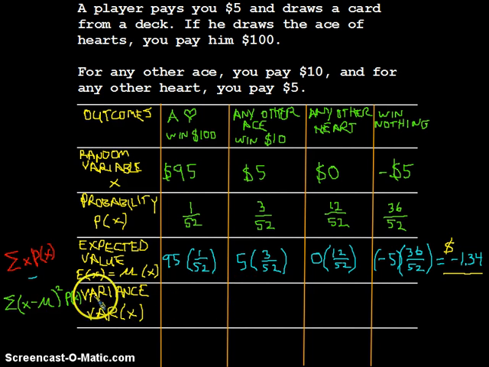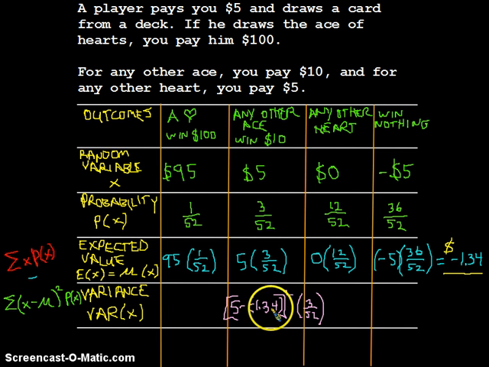So to find this one term, let's go ahead and put it together. So we'll have the value of the random variable, 5, minus the mean, negative 1.34, and then we'll take all of that and we'll square it, and then we'll multiply that result by the probability, 3 over 52.